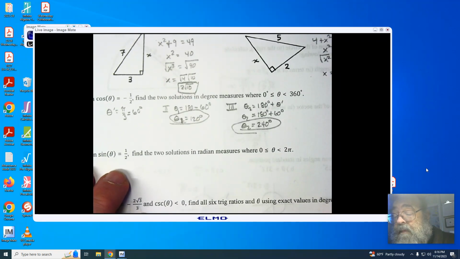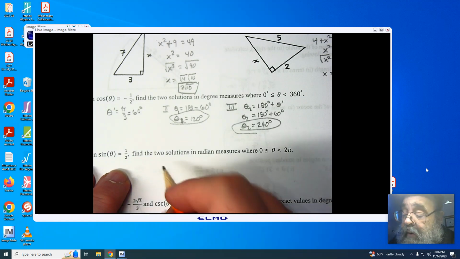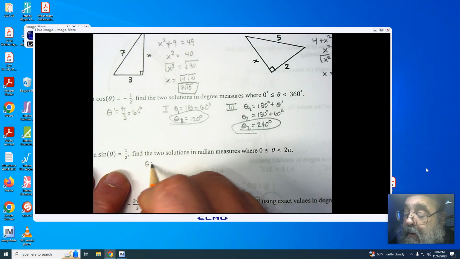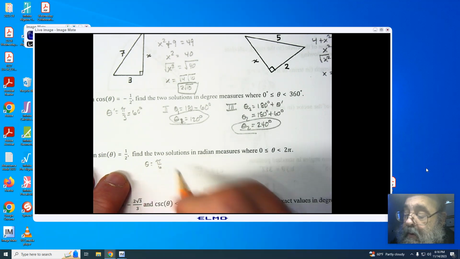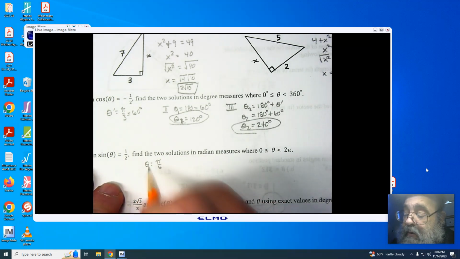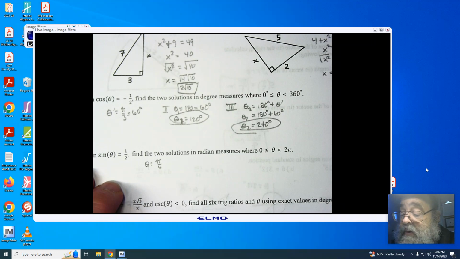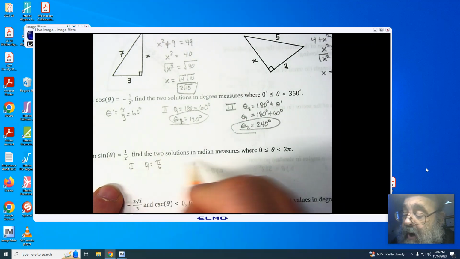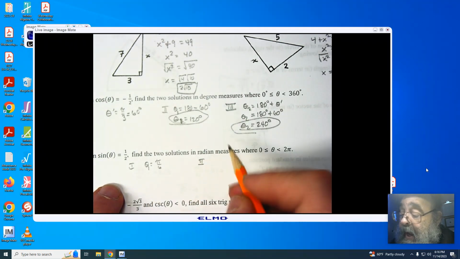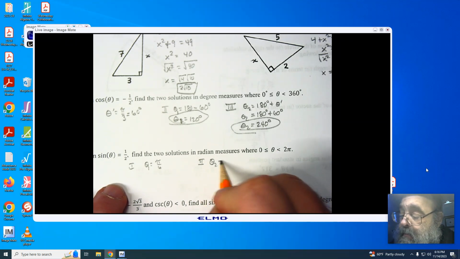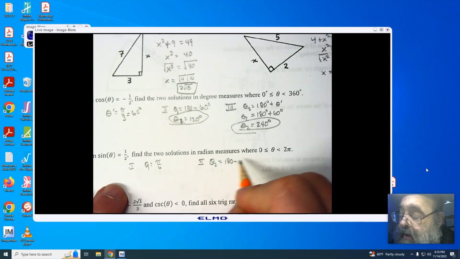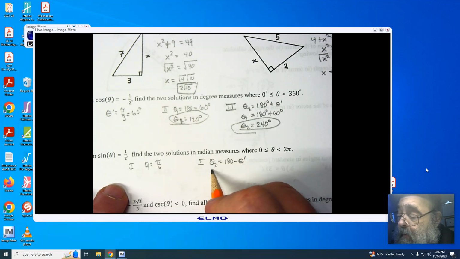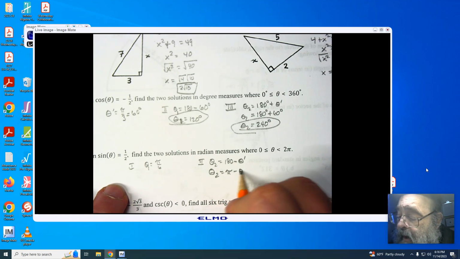The sine of theta is 1/2. Sine of theta being 1/2 for the reference angle has to be pi over 6. This is my first angle in the first quadrant. We also know that sine is positive in the second quadrant, and that our angle 2 has to be 180 minus our theta prime, or in radians, as we're doing it this time, it would be pi minus theta prime.